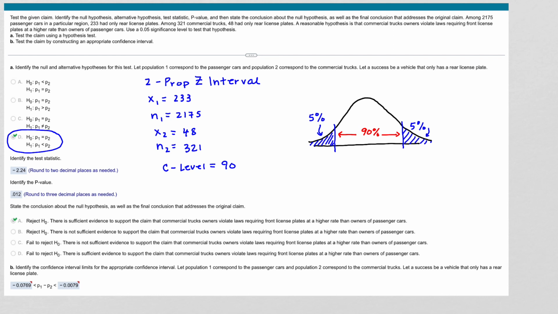When you do that, you get your confidence interval of negative 0.0769 to negative 0.0079. And that's how you do that problem.